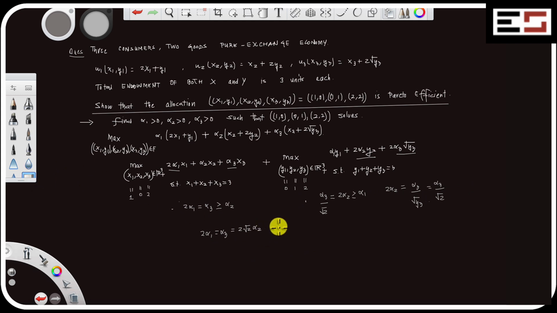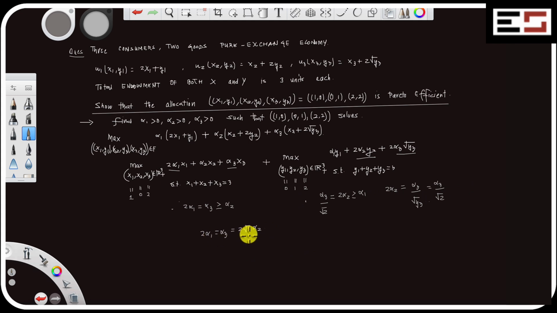This inequality will be automatically satisfied, and this inequality will also be automatically satisfied, because 2 root 2 alpha 2 is equal to 2 alpha 1. So root 2 alpha 2 is equal to alpha 1.